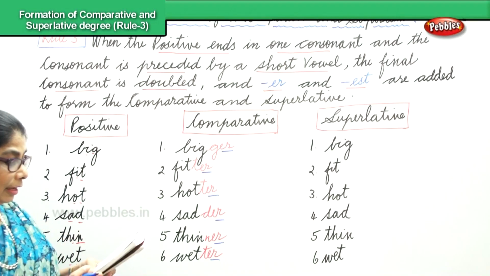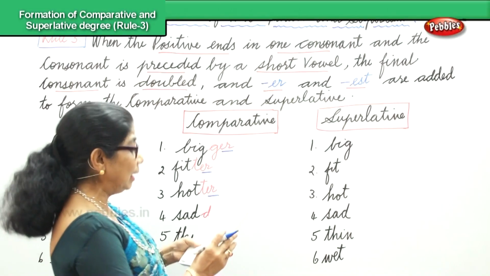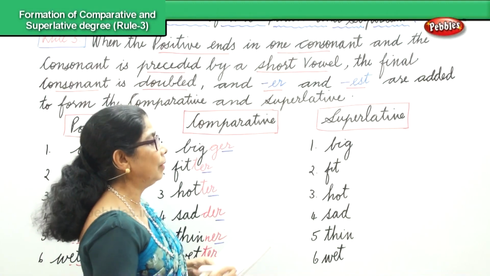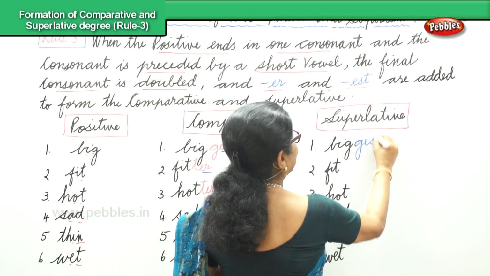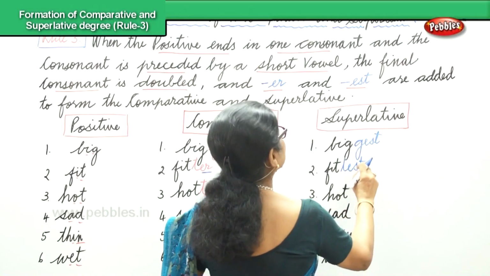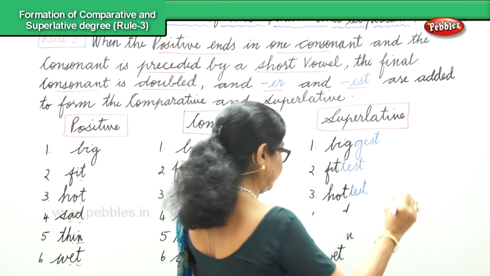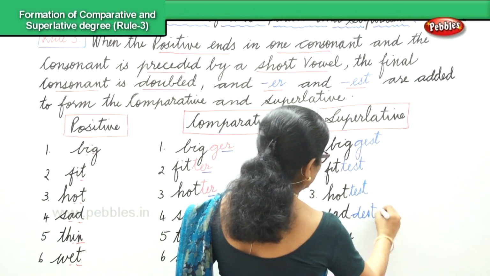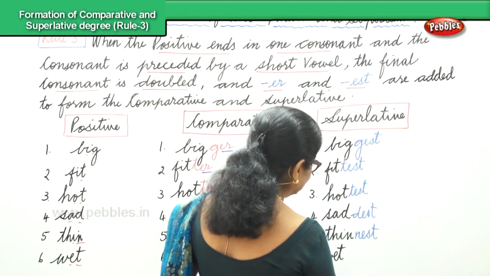Now let's form the superlative. In the superlative, again, you double the consonant and add EST. Biggest, fittest, hottest, saddest, thinnest, and wettest.